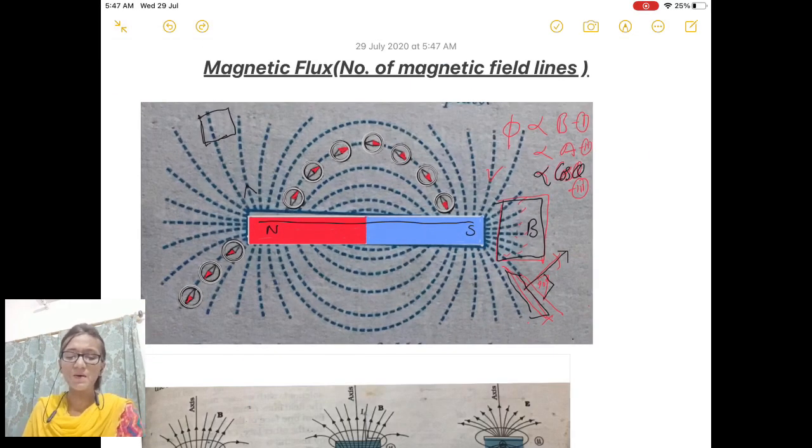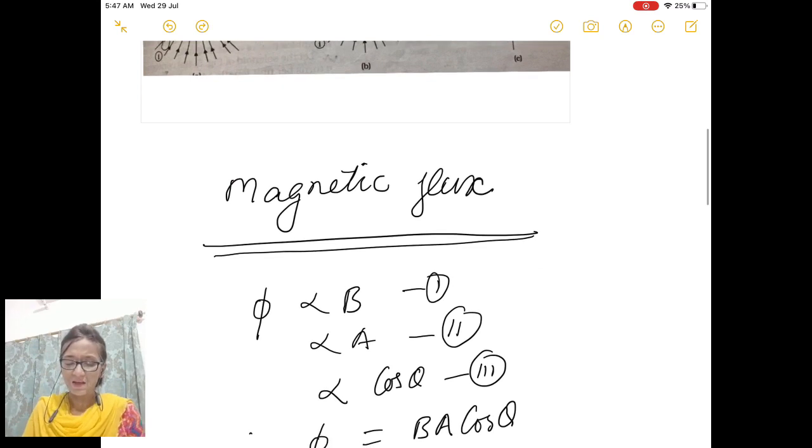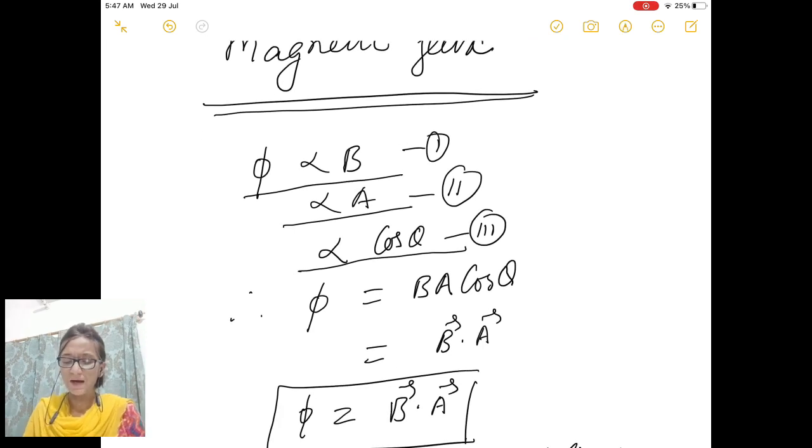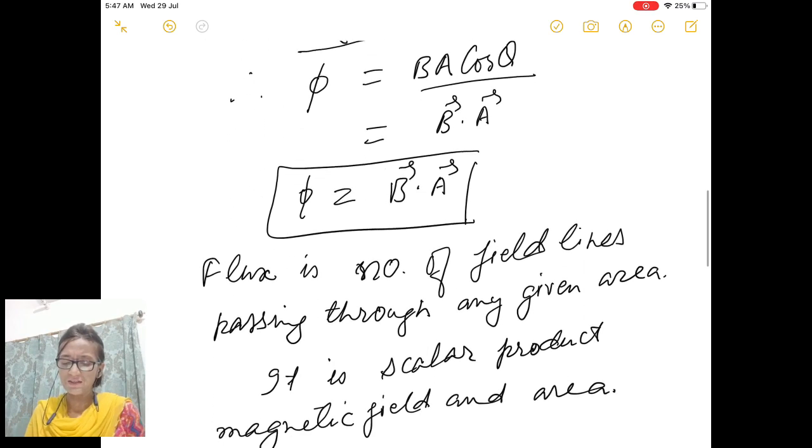Now when you combine the three, you will find that magnetic flux is proportional to B, proportional to A, and it is proportional to cos theta. When you combine the three, you will find that flux is equal to BA cos theta, and this is actually dot product of vector B and A. So this is your flux.